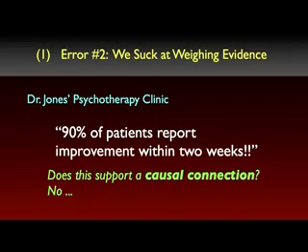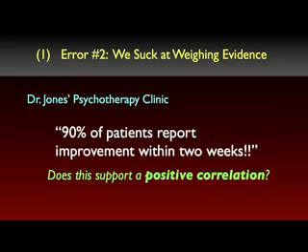Now, what if I ask this question? Let's grant that the correlation doesn't necessarily imply causation. But does the evidence given even support the weaker claim of correlation? Does the fact that 90% of patients report improvement of conditions support the claim that there's at least a correlation between Dr. Jones's treatments and the improvement in their condition?